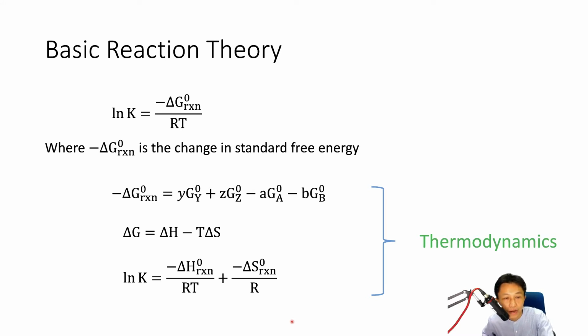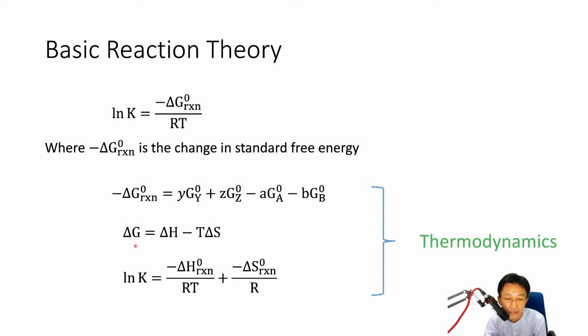At equilibrium, the natural log of the constant is equal to delta G of reaction over RT, and this is what the delta G looks like: product minus reactant.